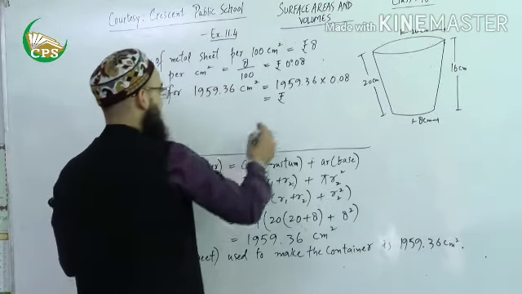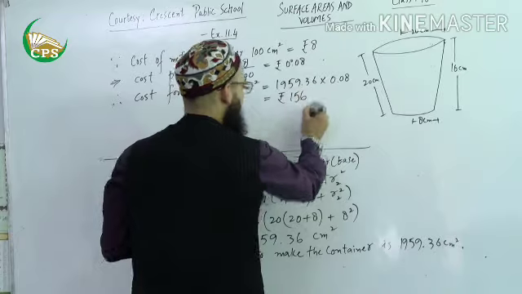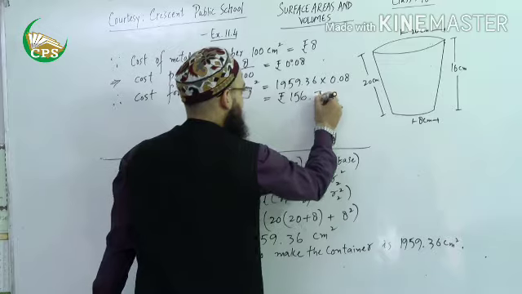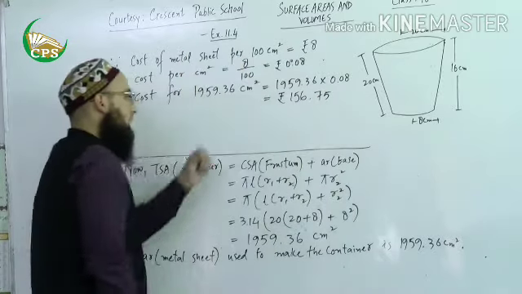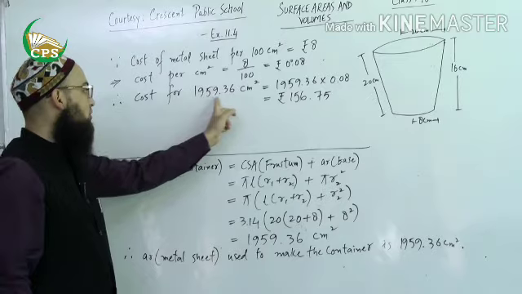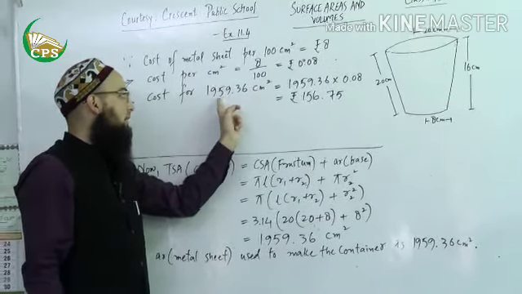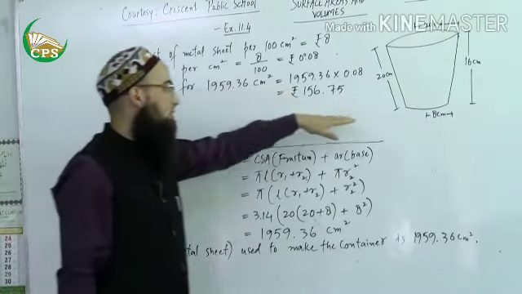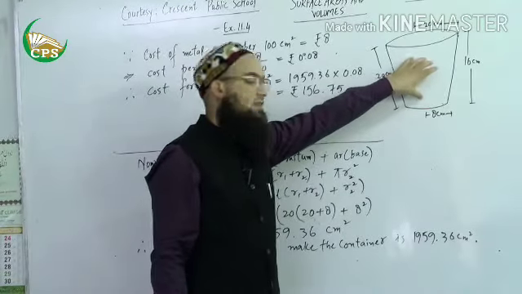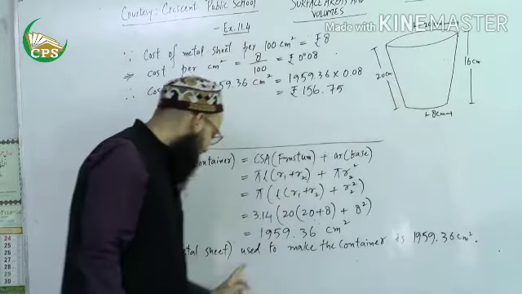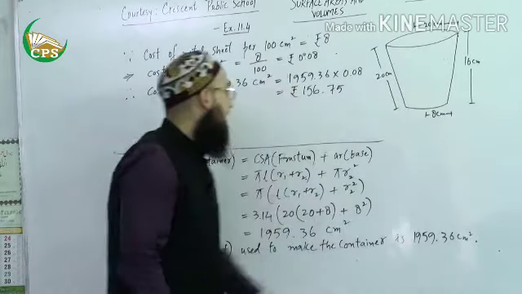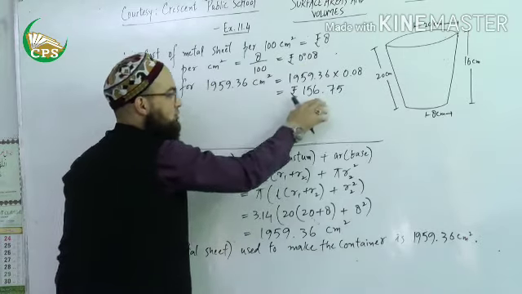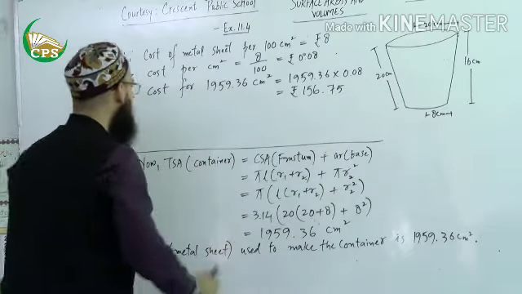So that is rupees 156.75, and that is your required cost, because this is the cost for 1959.36 square centimeter. Because the question told us that the container is made up of metal sheet. Now the area of metal sheet is this much. Now the cost per square centimeter is this. So this much area costs rupees 156.75.